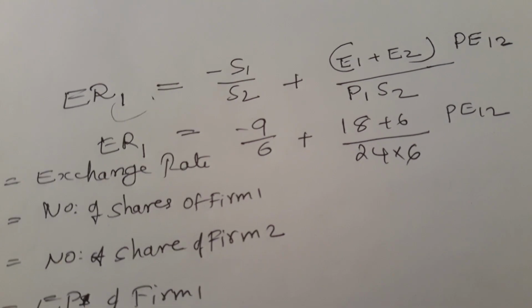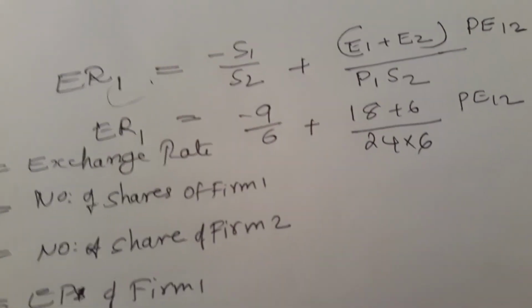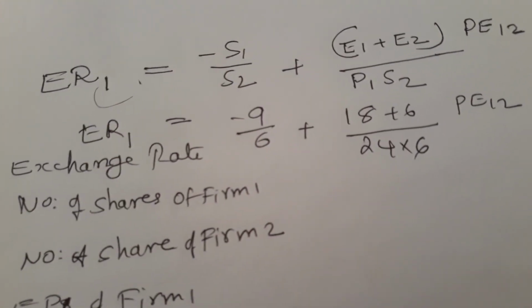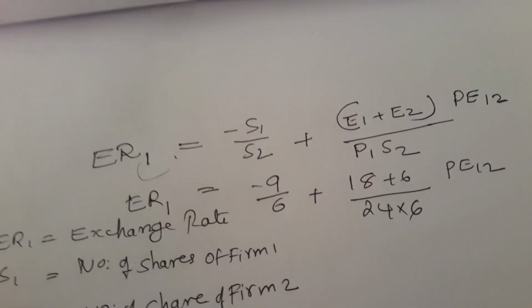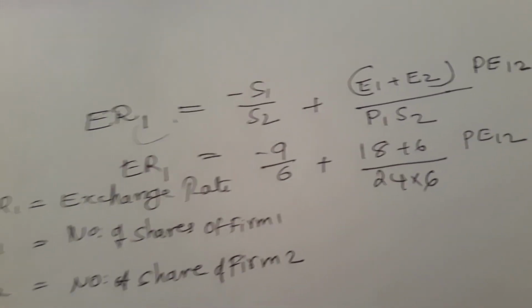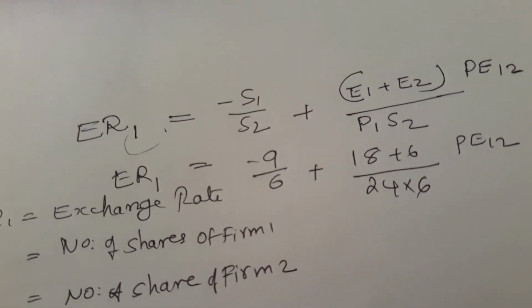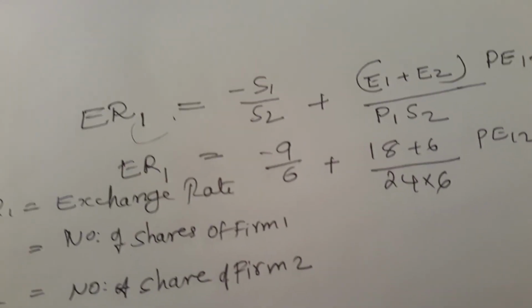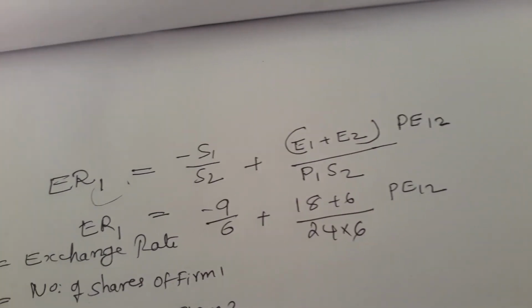So the merged firm should have some market price and some earnings per share, and on the basis of that, the number of shares is issued. So the expected value of the merged firm has a direct impact on the number of shares to be issued to firm 2. This is what we can infer from this model.